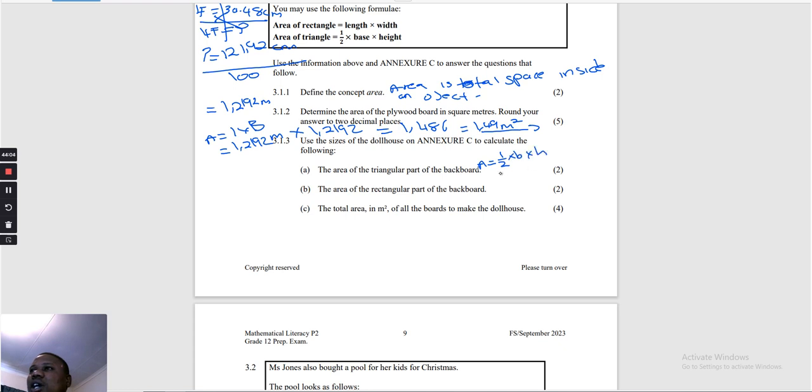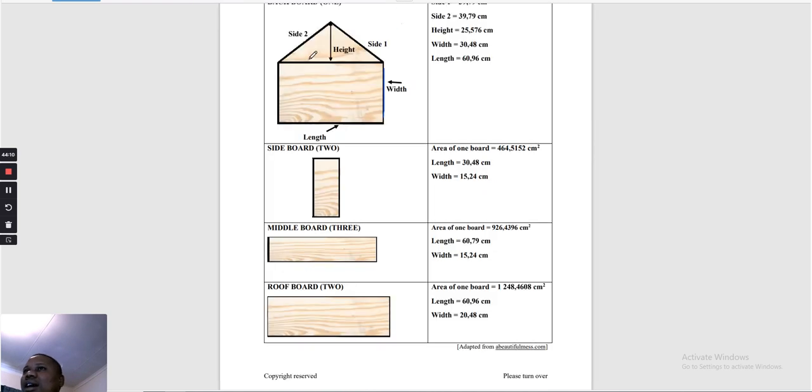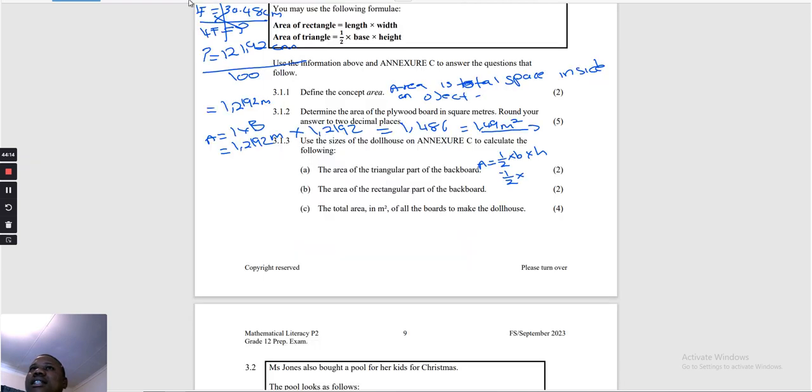So how much is our base? We're going to have 1/2 multiplied by, how much is our base? Our base is the same as the length, 30,48 multiplied by, what is that height there?